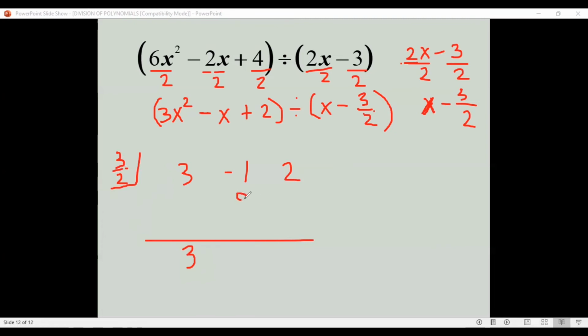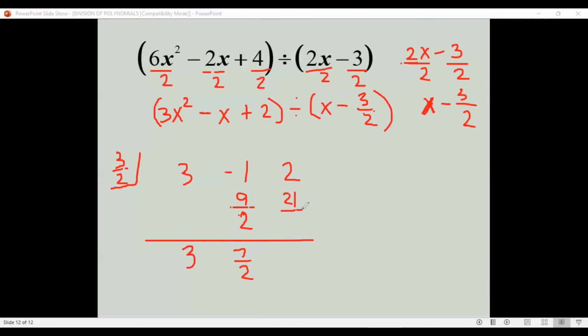That will definitely give us 9 over 2. Okay, so 9 over 2 added to negative 1. Remember, you have to change this to negative 2 over 2 so that they become similar. And therefore, that gives us an answer of 7 over 2. And multiplying now 7 over 2 with 3 over 2, the answer that you will be getting is 21 over 4.